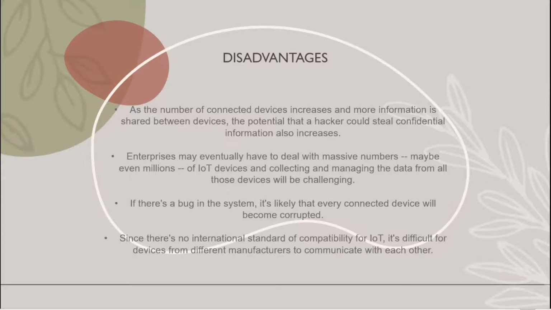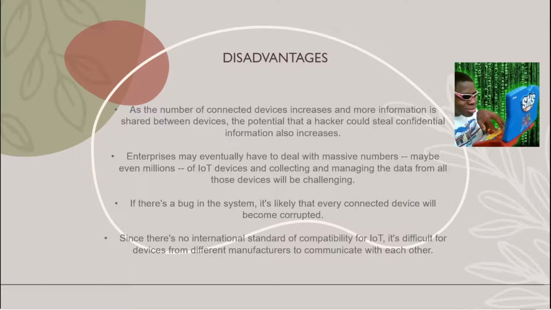The disadvantages of IoT is as the number of connected devices increases and more information is shared between devices, the potential that a hacker could steal confidential information also increases. Enterprises may eventually have to deal with massive numbers, maybe even millions, of IoT devices, and collecting and managing the data from all those devices will be challenging.